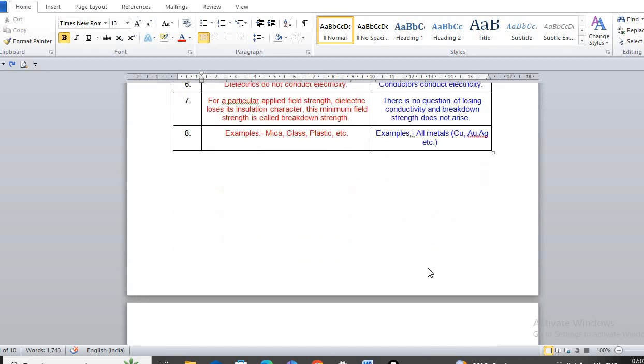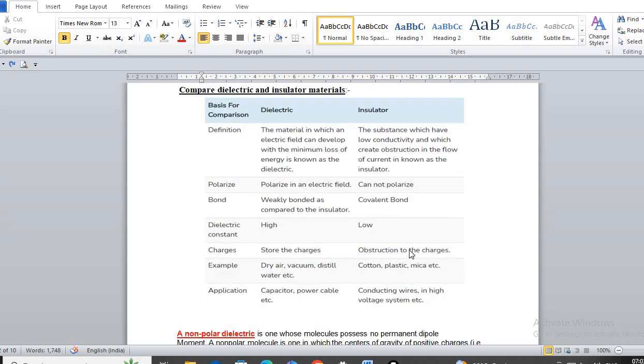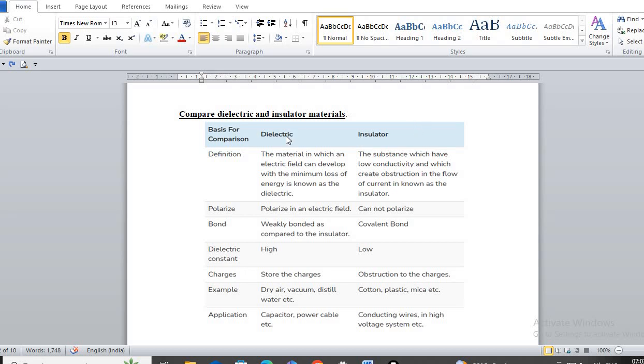Now our next point is the comparison between insulators and dielectric materials. Both are bad conductors, but depending on their applications, we separate insulators and dielectric materials. A dielectric is a material in which an electric field can develop with minimum loss of energy.